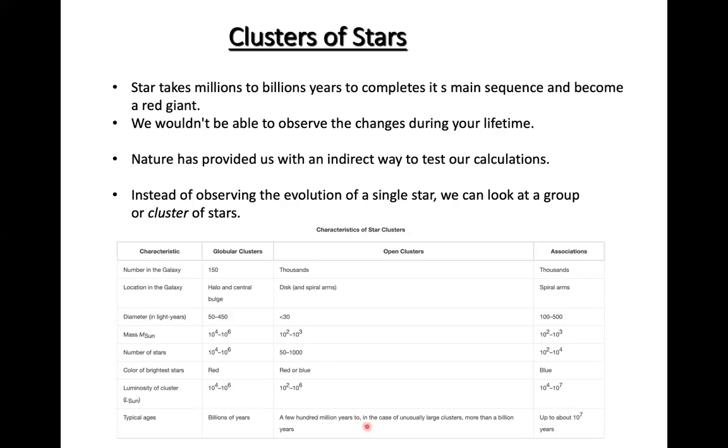So they are formed from one molecular cloud at the same time, which means they will have the same age. However, when they form at the beginning, they will have different initial conditions, right? So they will have different initial masses, and because of that, these stars have different ranges in terms of their properties, including mass. Some of them have high mass, some of them have low mass. This is similar to the birth of humans, right?